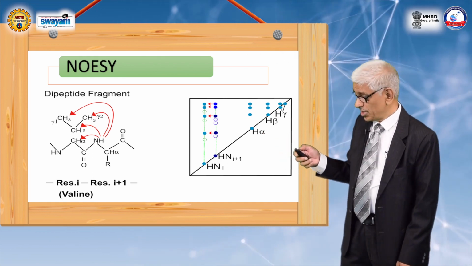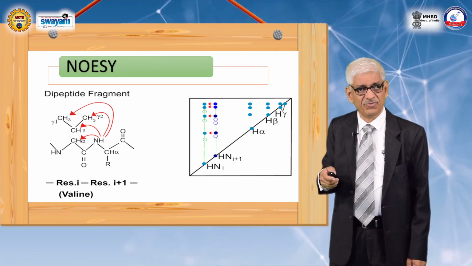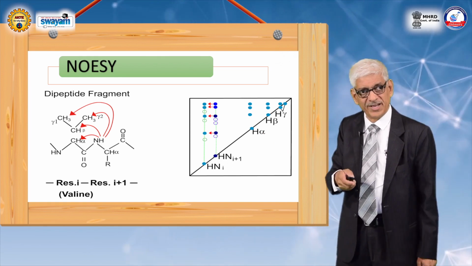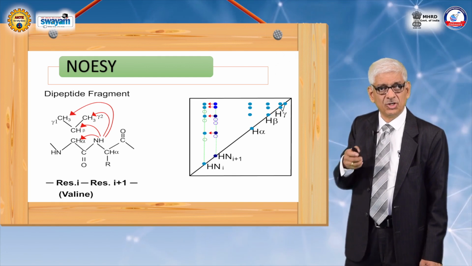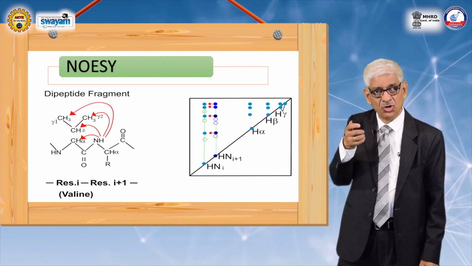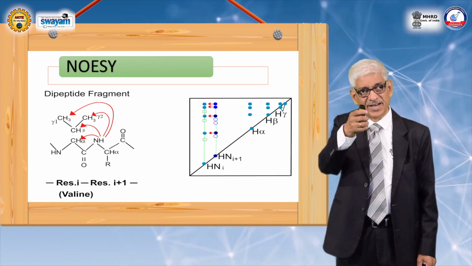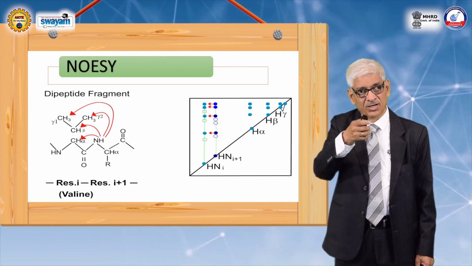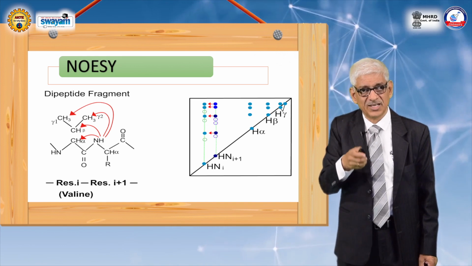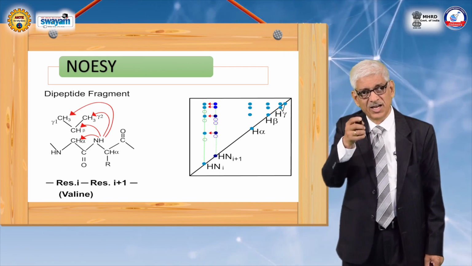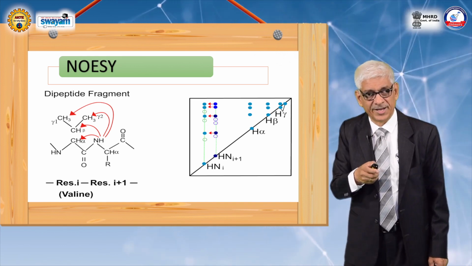If you see the cyan peak, you follow the cyan peak, HN i. HN i shows a correlation to the H alpha of its own, and the diagonal peaks are indicated on the diagonal there: HN i, H alpha, H beta, H gammas, they are all on the diagonal. So they belong to a particular amino acid residue i.